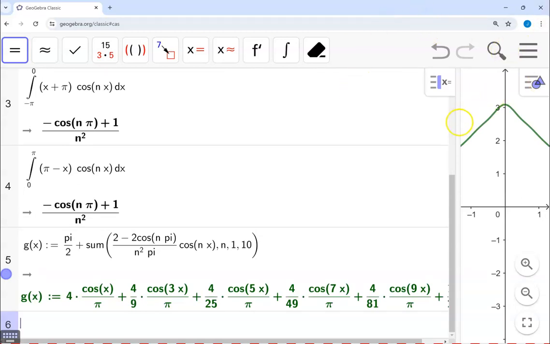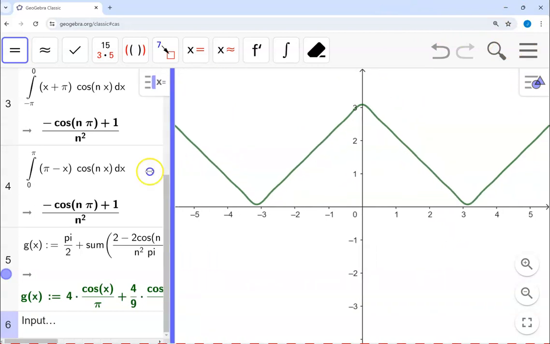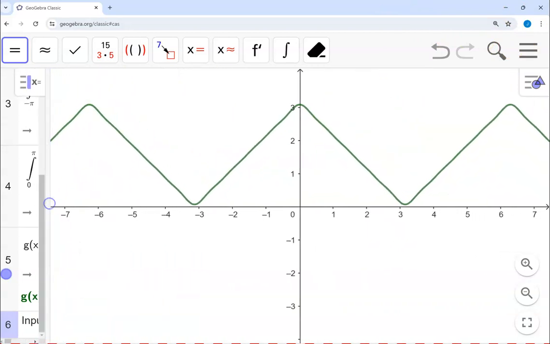It's pretty good. At least I think it's pretty good. Now notice that this one looks better even with fewer terms because I started with a continuous function. That's actually in the continuous function spaces, right?